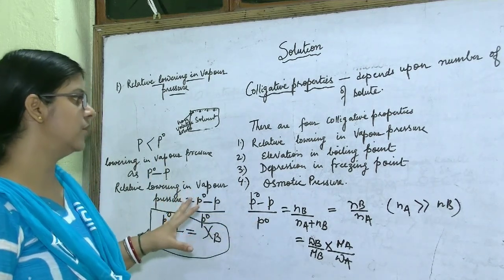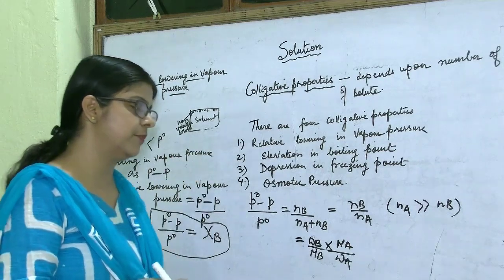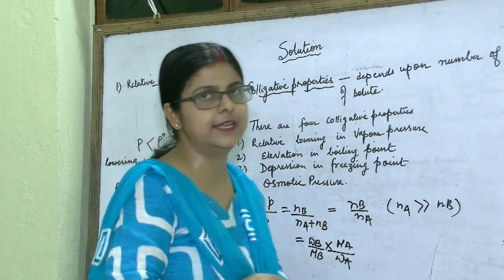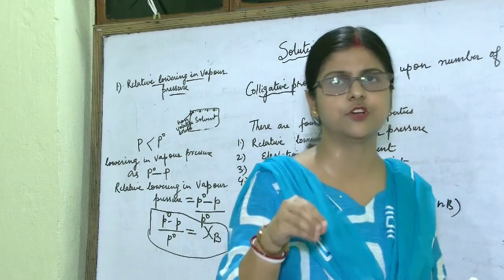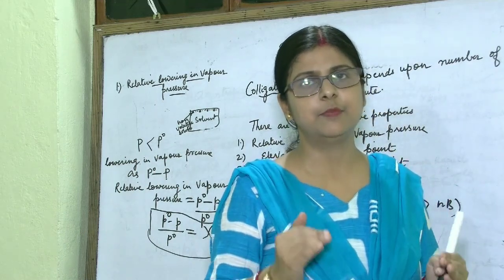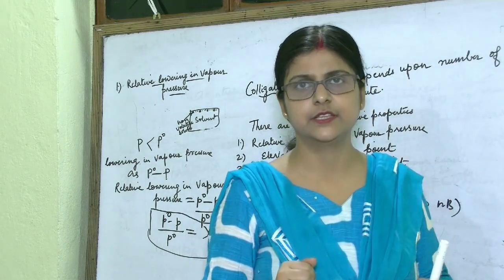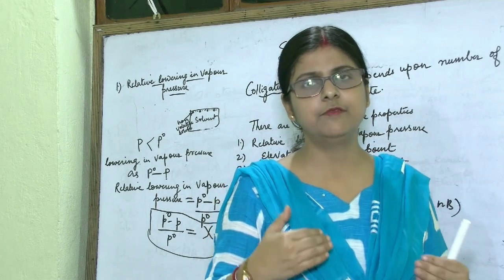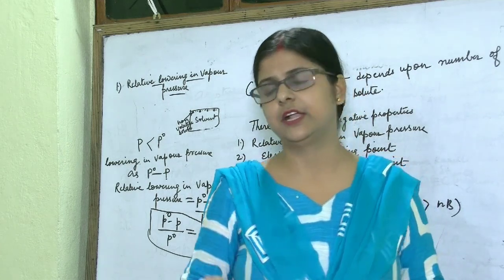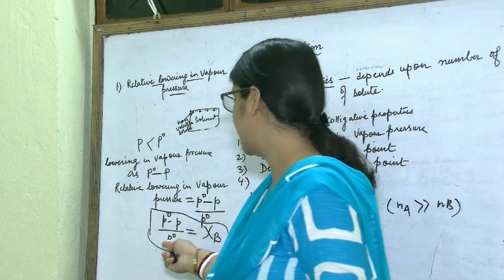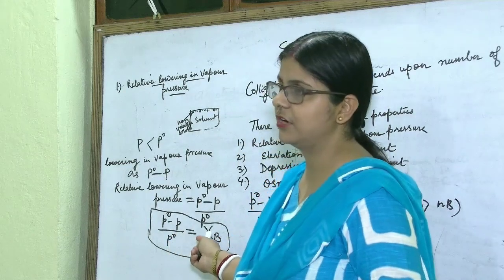So what is relative lowering in vapor pressure? Whenever we add a non-volatile solute to a solvent, the vapor pressure of the solution will decrease, and relatively we get P naught minus P by P naught, which is equal to X.